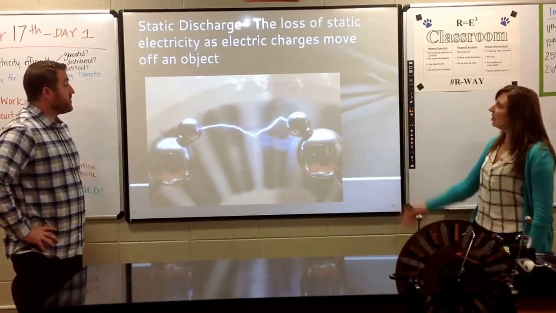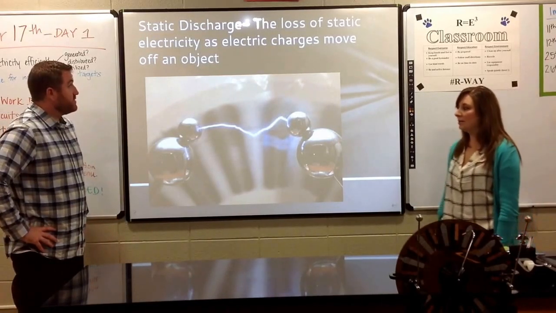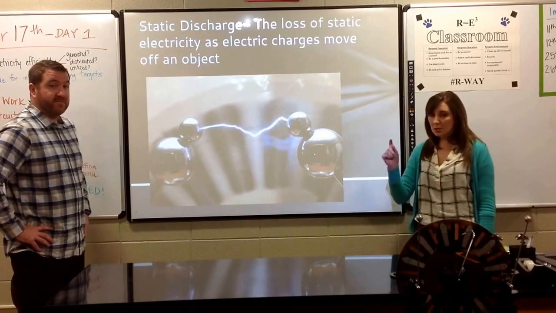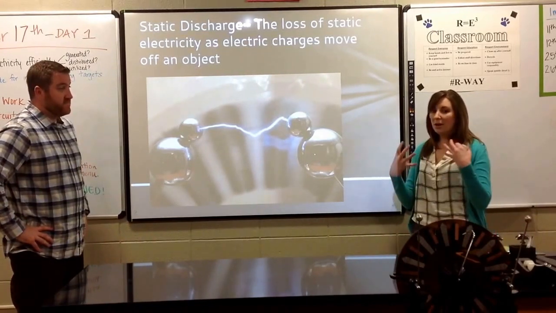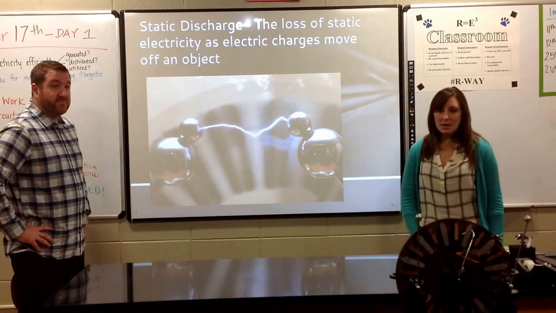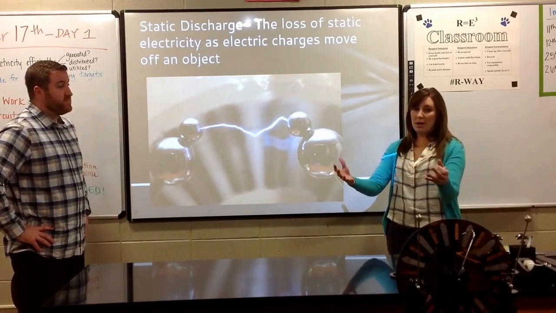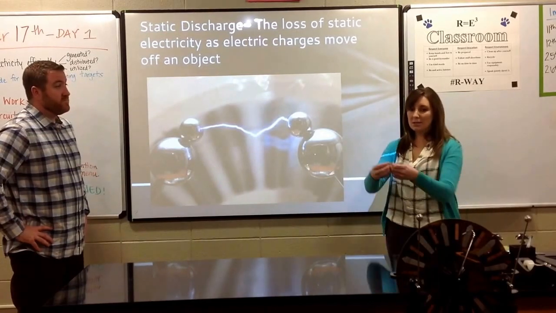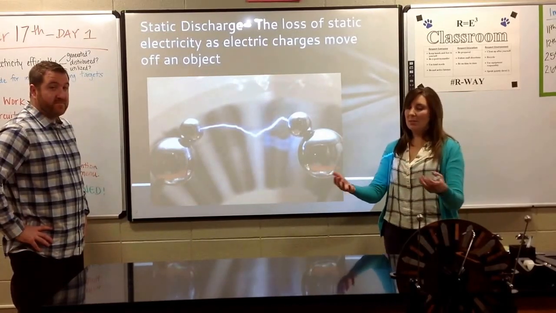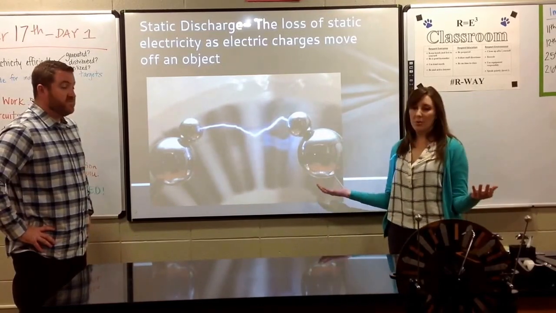So this is the loss of static electricity as electric charges move off of an object. So when you touch a doorknob and you're feeling that shock, all of the electric charges that have built up in you, maybe from rubbing your socks on the carpet, are leaving you and going into that less charged doorknob, creating this more neutral state for both objects.